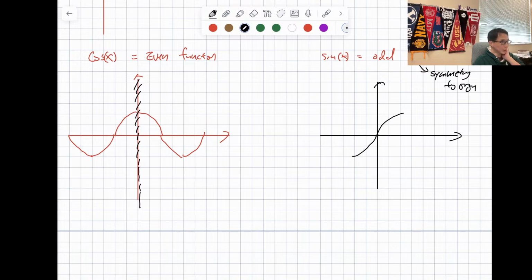So if I plug in negative x, cosine of negative x is equal to cosine of x. Sine of negative x is equal to negative sine of x. So that's the difference between an even function and an odd function. You have to know that they are even and odd functions.